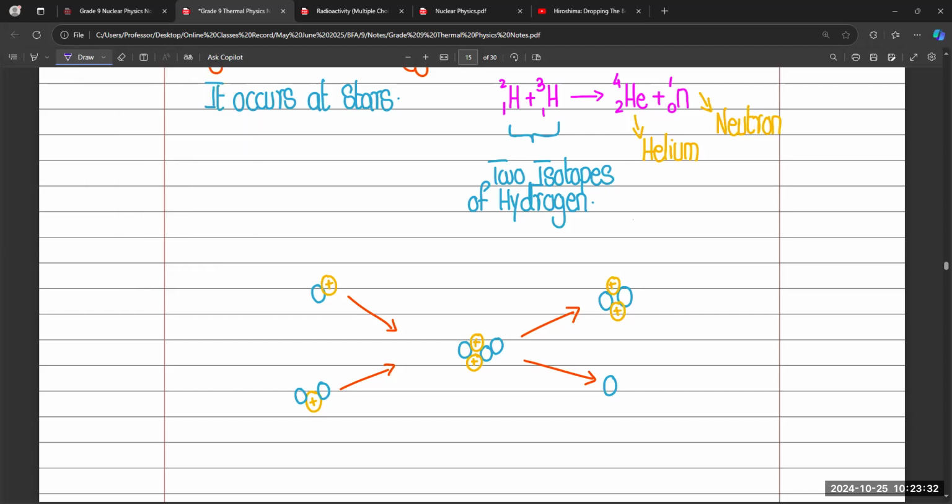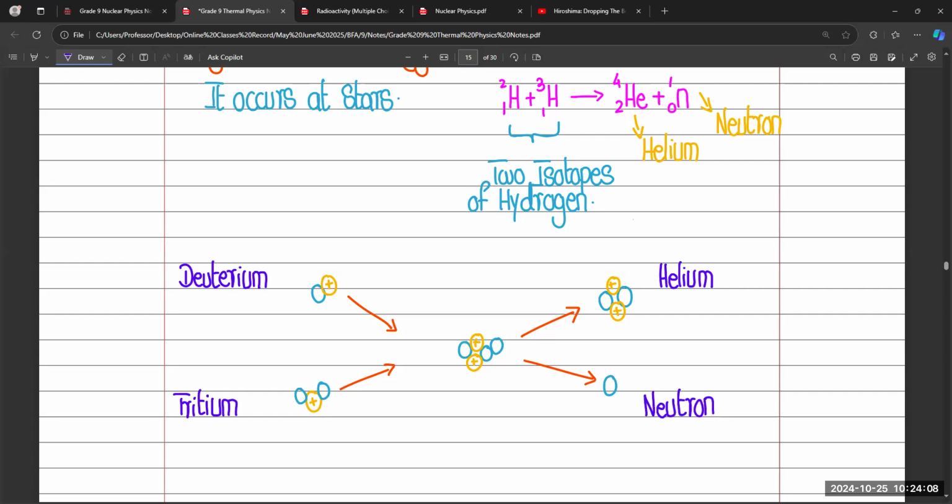So this is one isotope which is called deuterium, and this is called tritium. And these are the isotopes of hydrogen. And in the final result we are getting helium, and we are getting a neutron.